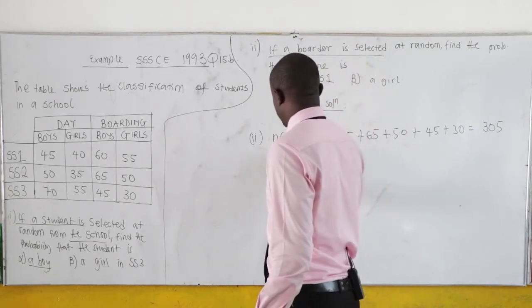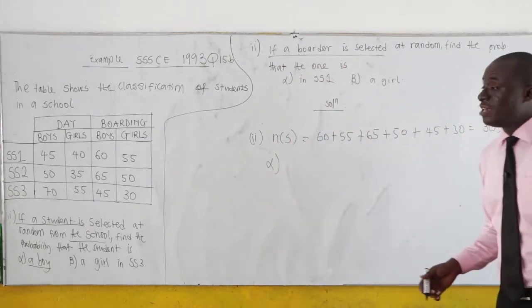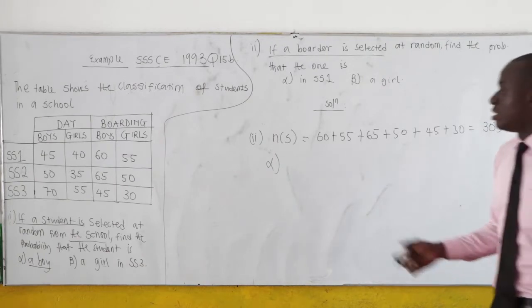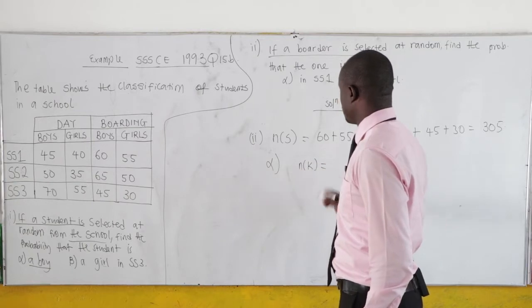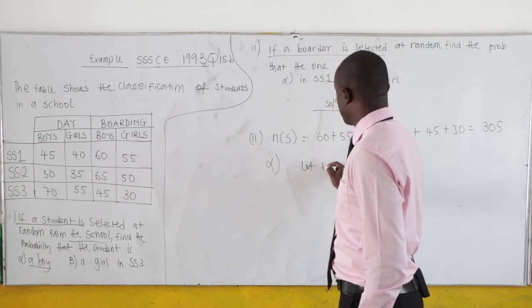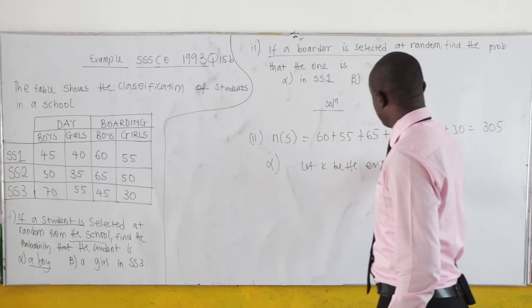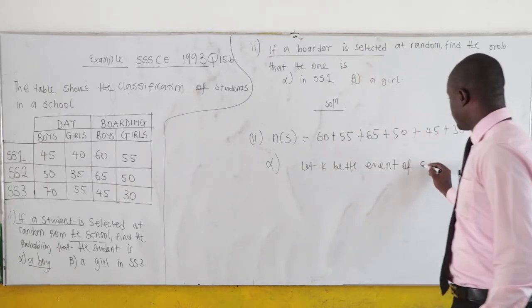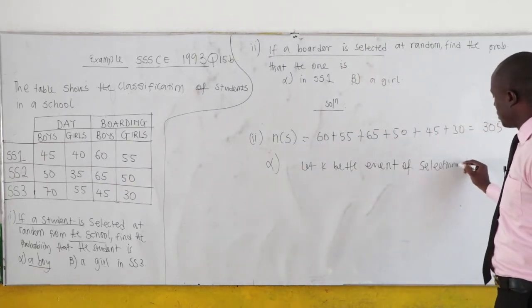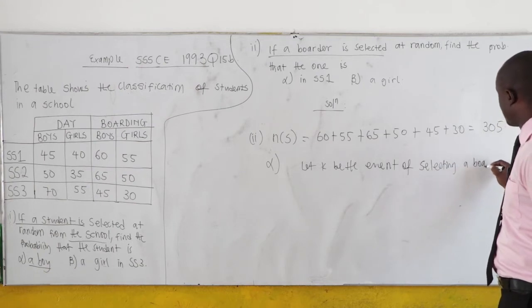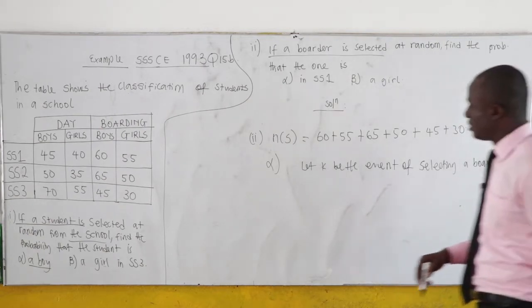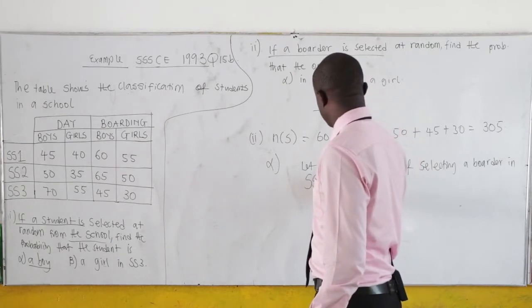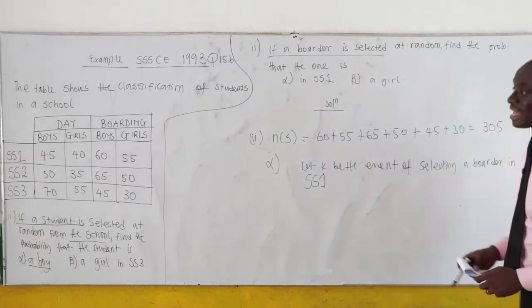So here, we can say that let K be the event of selecting a boarder in SS1. So the number of K, those in SS1. A boarder in SS1.